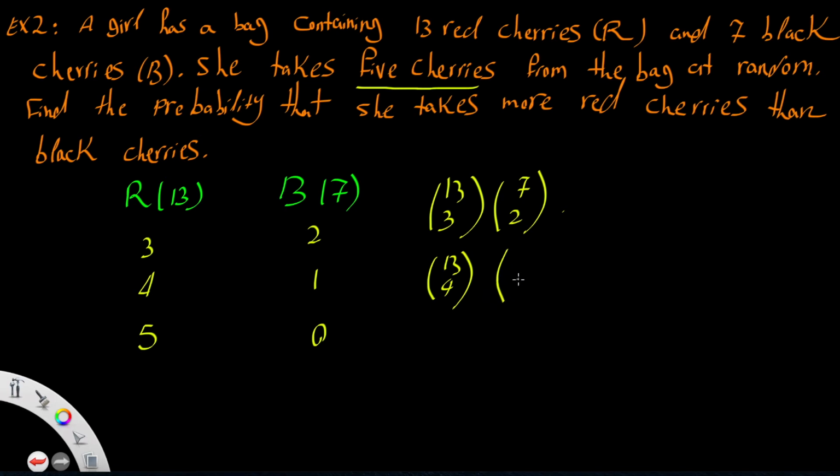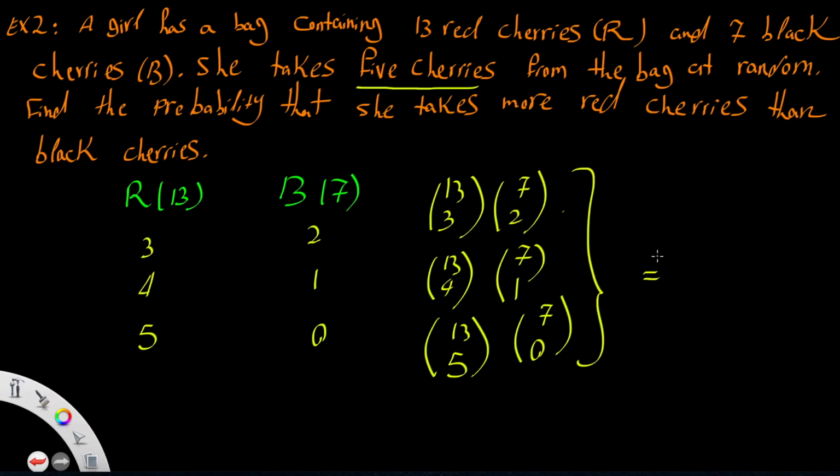Then one black is going to be selected, because 4 plus 1 will become 5. So the number of black is 7. And the next possibility is to choose 5 out of 13, combination of 5 and 13, and no black cherries. If you add all these together, it will give you 12,298. So these are possible ways to select 5 cherries so that the number of red cherries is more than the number of black cherries.